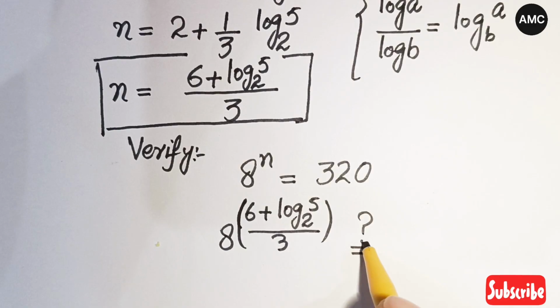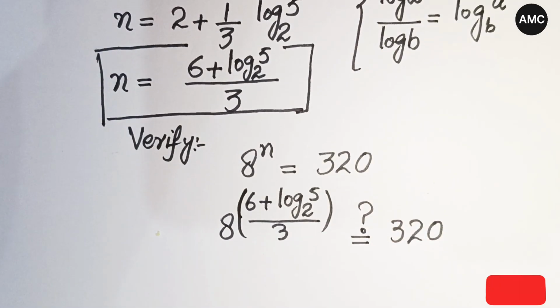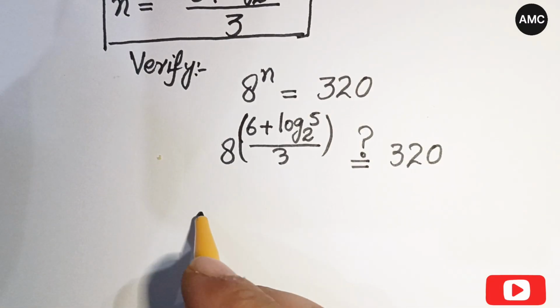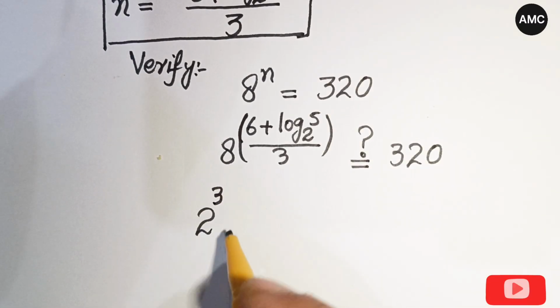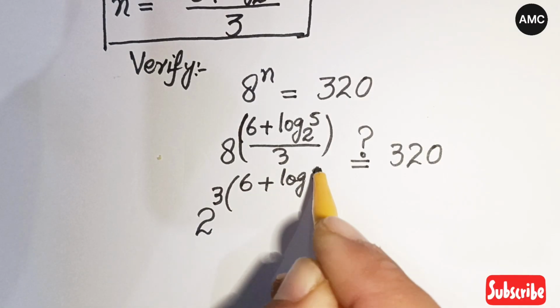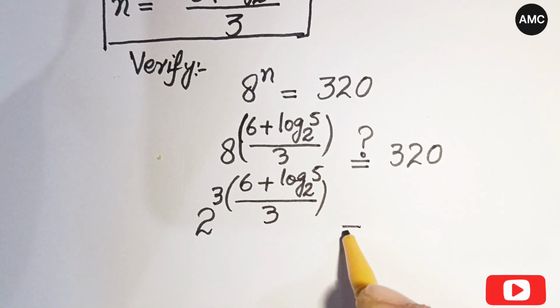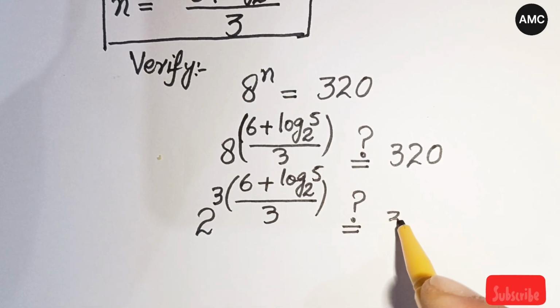Is it equal to 320? Now 8 is equal to 2 to the power 3, so we have 2 to the power 3 times 6 plus log 5 to base 2 all over 3.